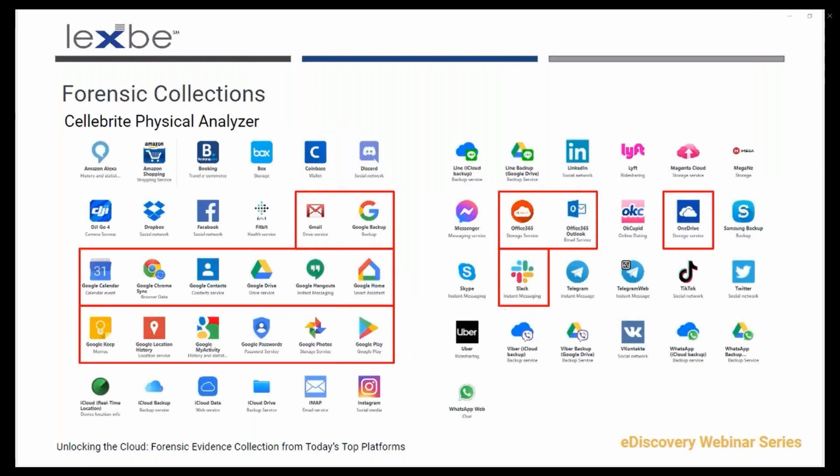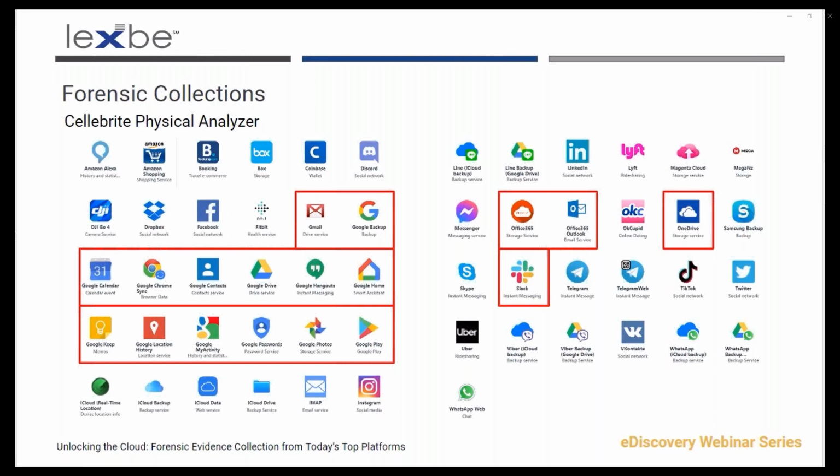Right, now we've moved on to our other forensic tool to show a different type of collection, Cellebrite. And here are all the different apps we can pull from Cellebrite, and I circled or squared all the different collaboration tools that they offer us to pull from by using the credentials.